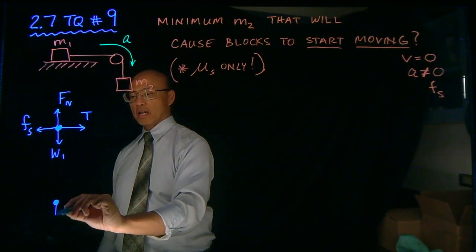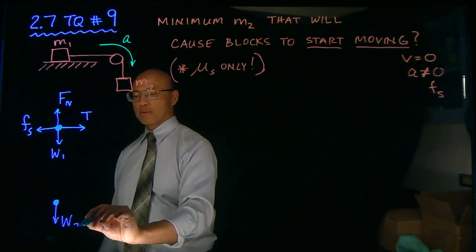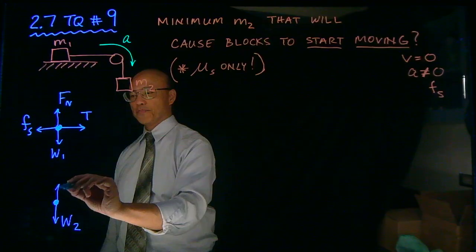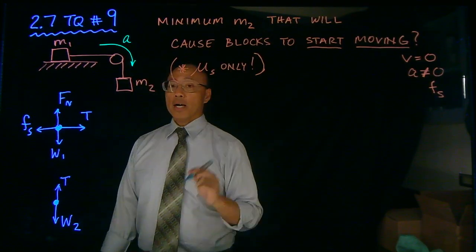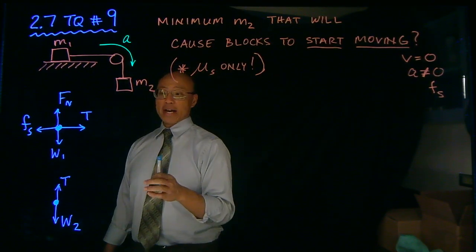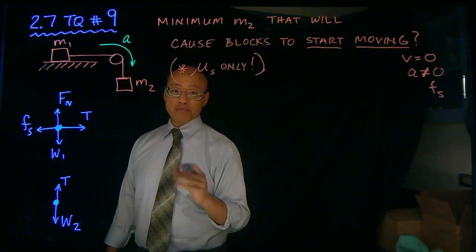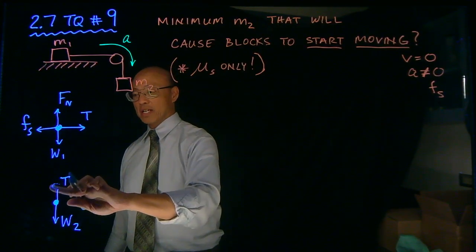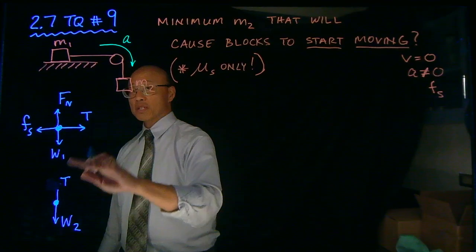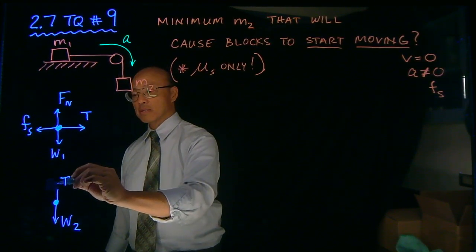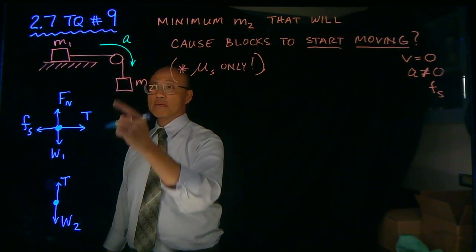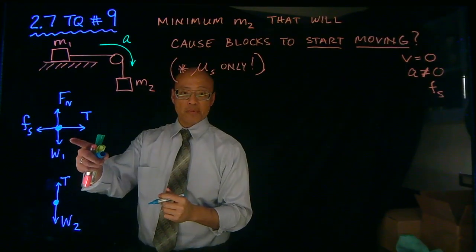On M2, I guess I'll just draw it here. For M2, I have the weight of 2 and tension pulling up. Conditions for now that are almost taken for granted, but spring semester, all bets are off, and it may matter. The string has no mass. Why is that important? Then we don't need a free body diagram for it.